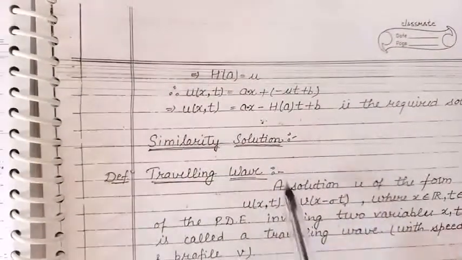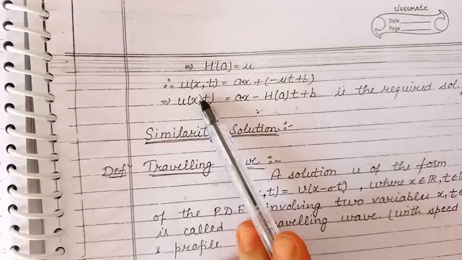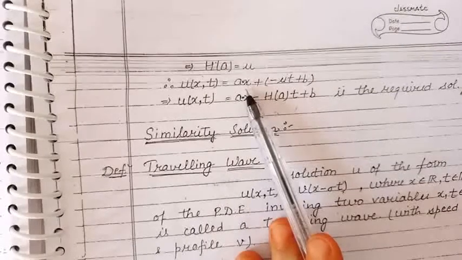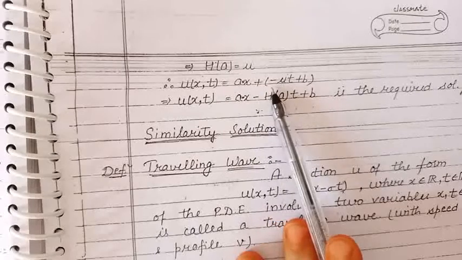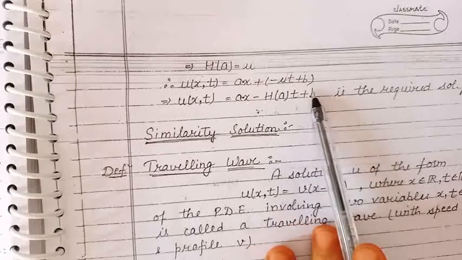So finally we can substitute these values in the solution. The solution of the Hamilton-Jacobi equation becomes: w has the value a dot x and v is having the value minus mu t plus b.